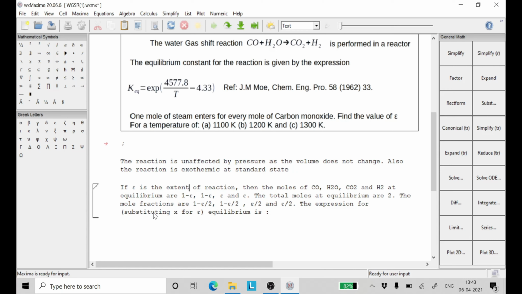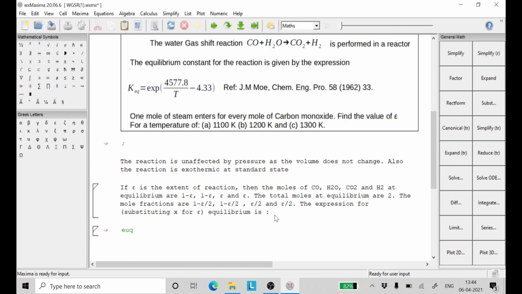The expression for K, or the expression for the equilibrium, I will write it in terms of x. I won't write it in terms of epsilon because x is easier to type on the keyboard and epsilon is something I will have to select each time. So let me write the expression.